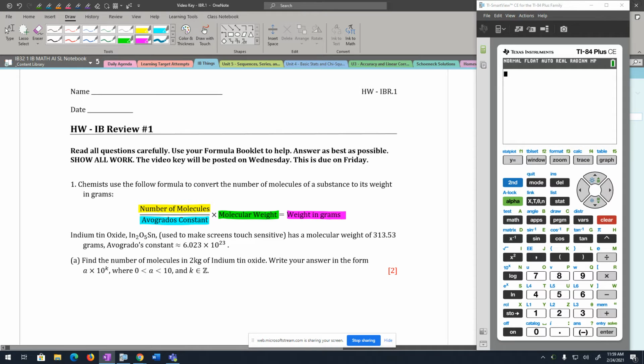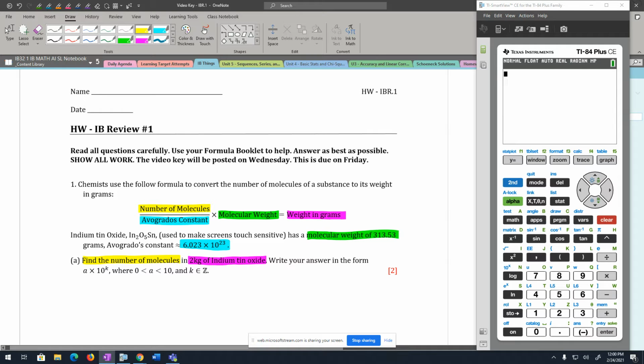All right. So now let's see, what do we know? We have a molecular weight, so I'm going to do it in green, of 313. We have Avogadro's constant. We have the weight in grams, 2 kilograms, and we are trying to find the number of molecules.